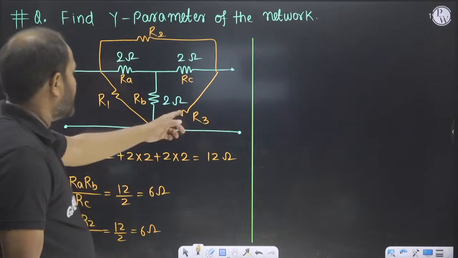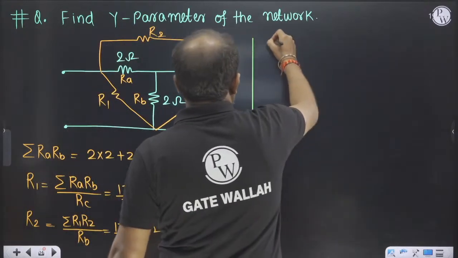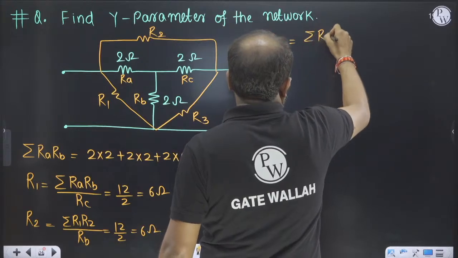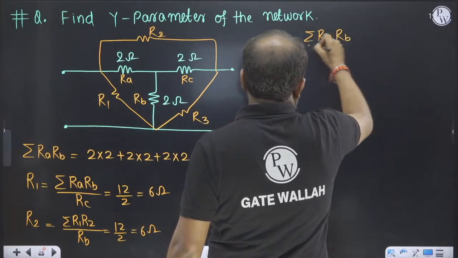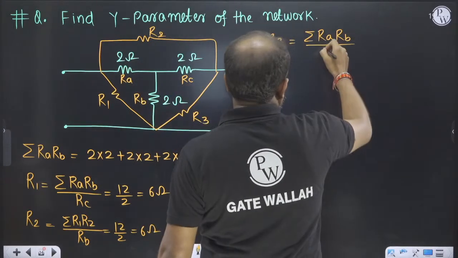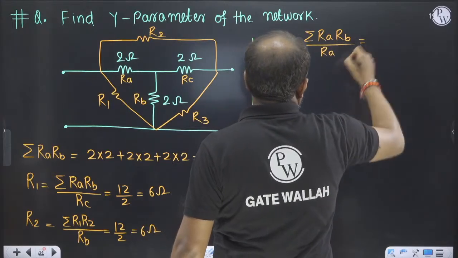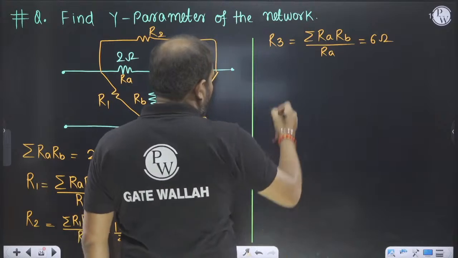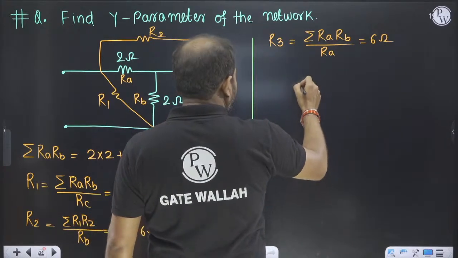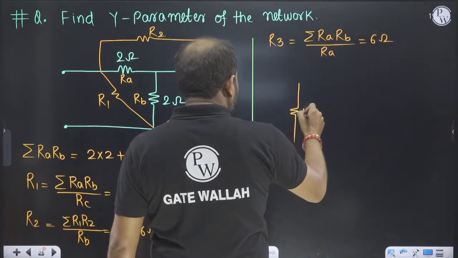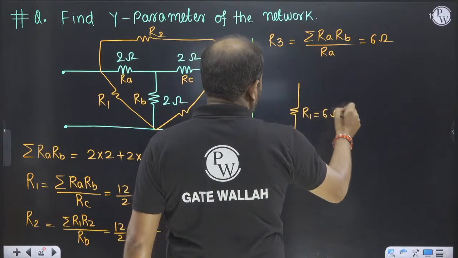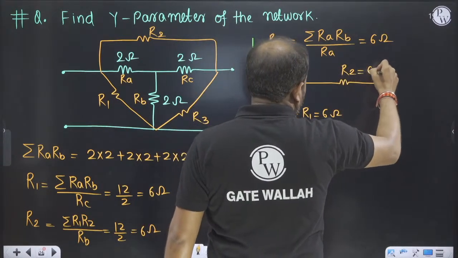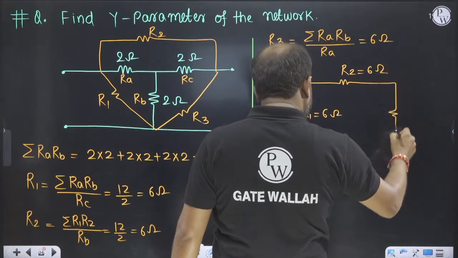And for R3, the summation divided by the opposite, divided by RA, it will be 6 ohm. So R1 is 6 ohm, R2 is 6 ohm, and R3 is 6 ohm.